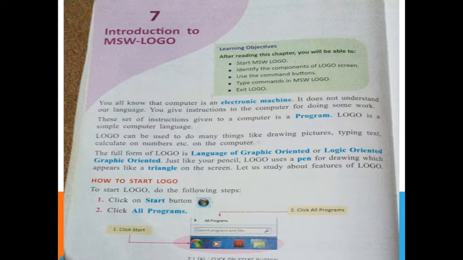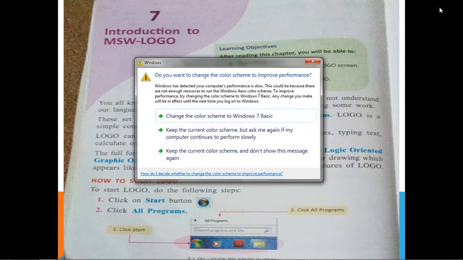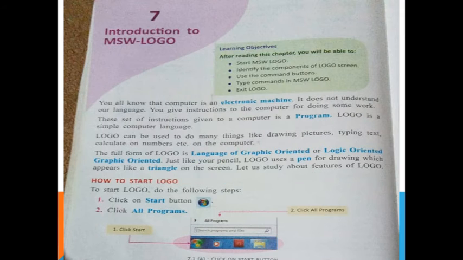Let us study the features of the computer. See, its identification mark is like a triangle. We are using a pencil for writing, but here we are writing with a triangle shape. It's the pencil of computer Logo.